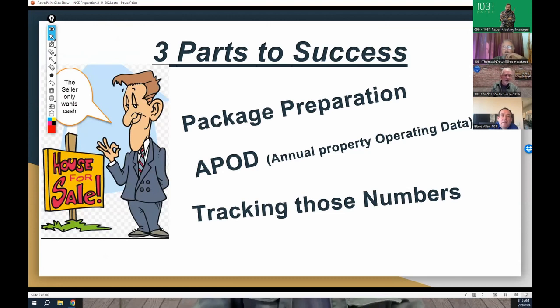If you've been coming to the meetings, whether it's local or regional or NCE, you'll know that sometimes you see real good packages and sometimes you don't. But to me, the APOD is probably one of the best that you could have, because we're selling investments. And if you're selling investments, like buying stock, you don't want projected, you don't want stuff that's not true.